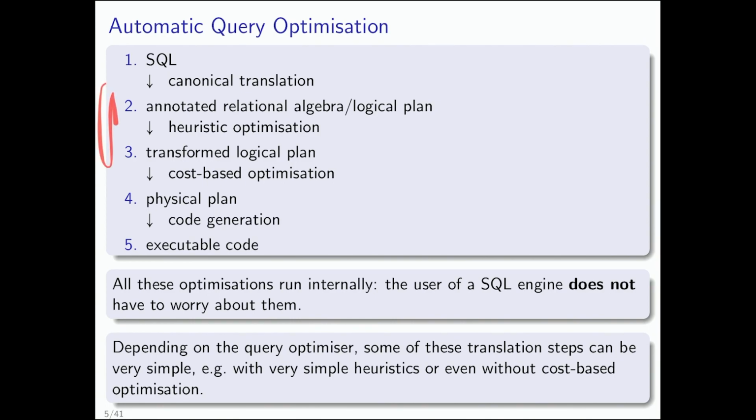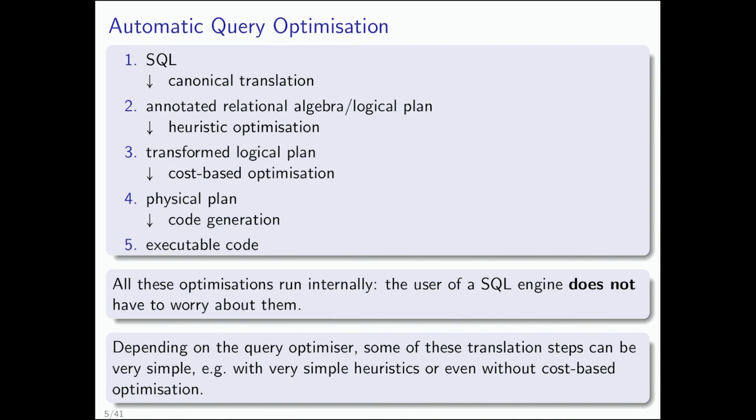And then there is another step we haven't looked at yet, but we will be looking at today. That's called cost-based optimization. And after cost-based optimization, there's sometimes code generation. Like a compiler, like a C++ compiler, Clang, or whatever you name it, we generate executable code, similar to what a compiler does for a general purpose programming language such as C++.